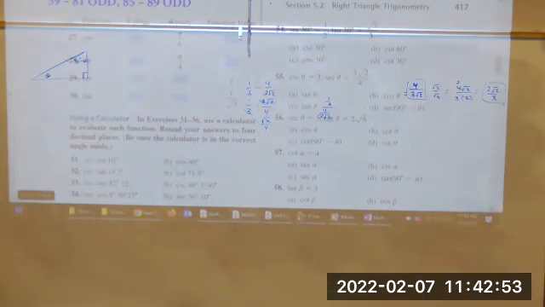Any questions? And then for secant, the complementary angles go together. So the sine of a theta is the cosine of the complement, 90 minus theta. The cosine of a theta is the sine of the complement.